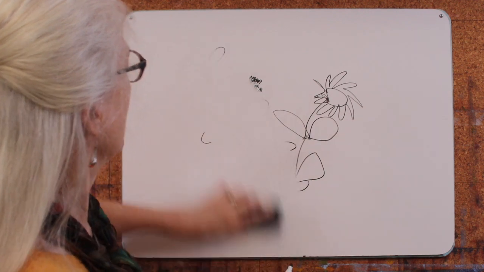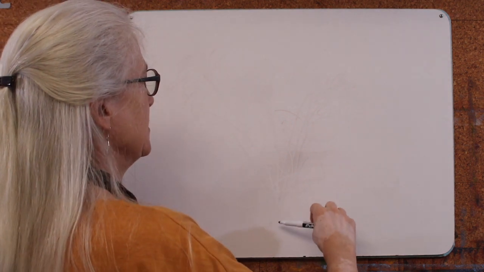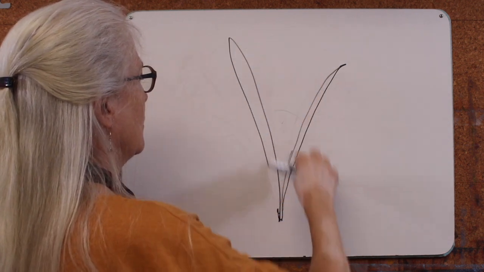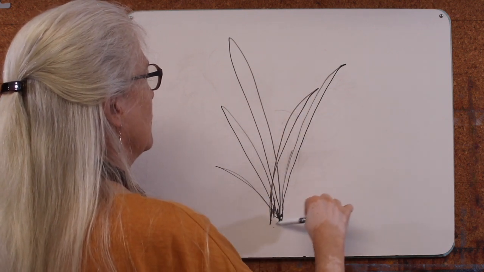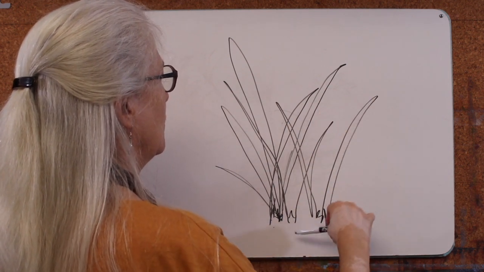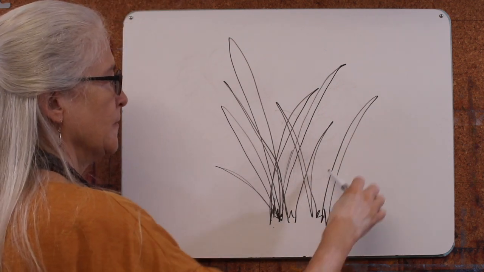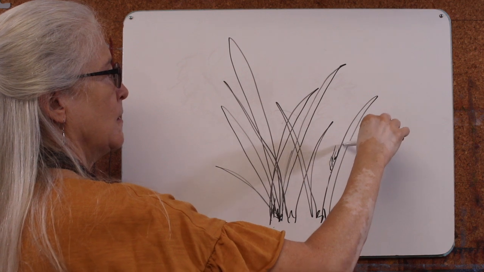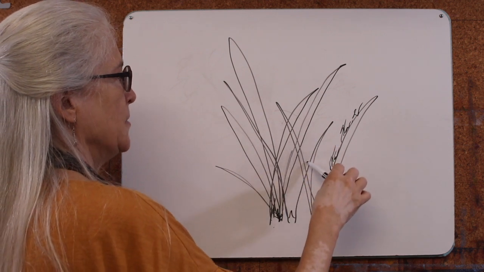So let's look at an interesting texture. So we have like a lot of grass stems. And then we come in here and what happens to these?